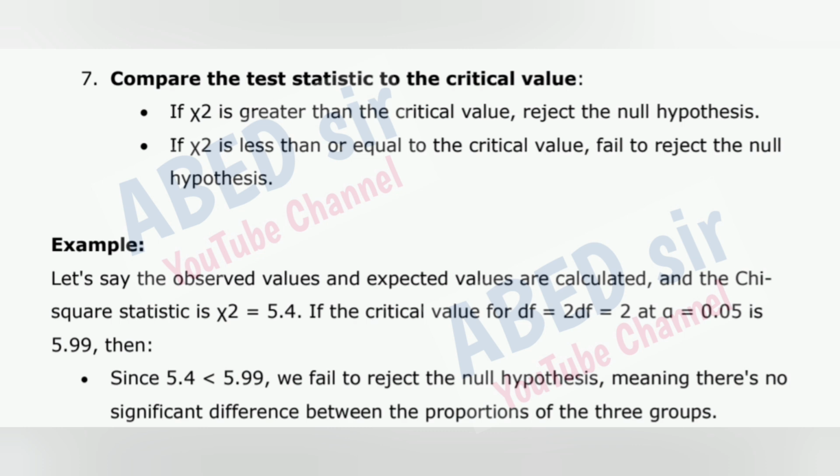Example. Let's say the observed values and expected values are calculated, and the chi-square statistic is chi2 is equal to 5.4. If the critical value for df is equal to 2 at alpha is equal to 0.05 is 5.99, then since 5.4 is less than 5.99, we fail to reject the null hypothesis, meaning there's no significant difference between the proportions of the 3 groups.